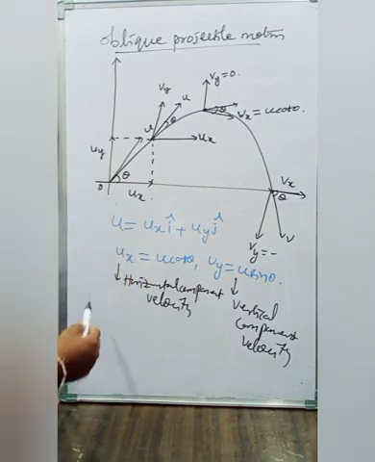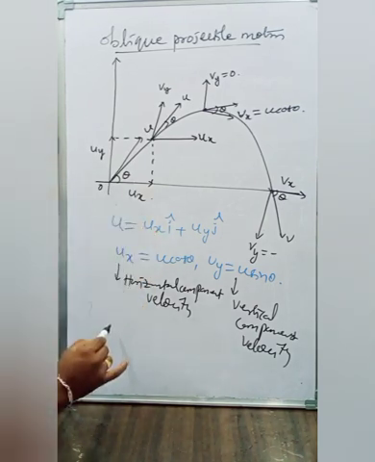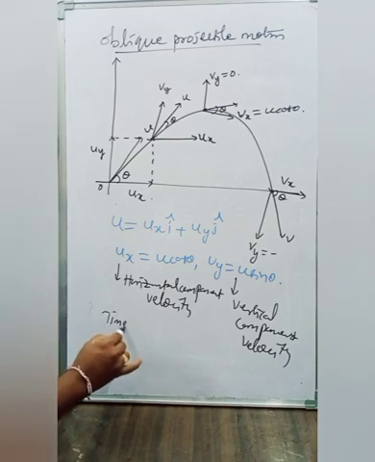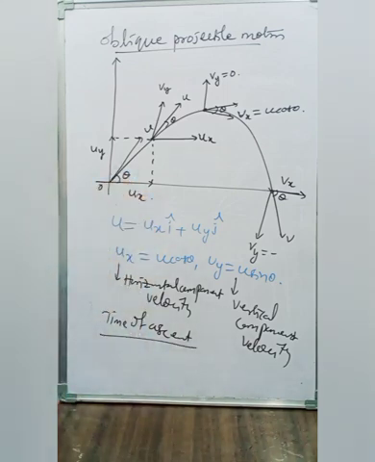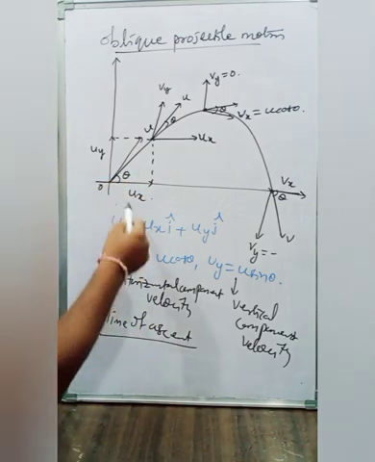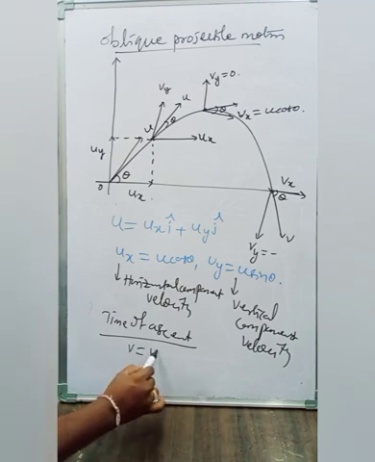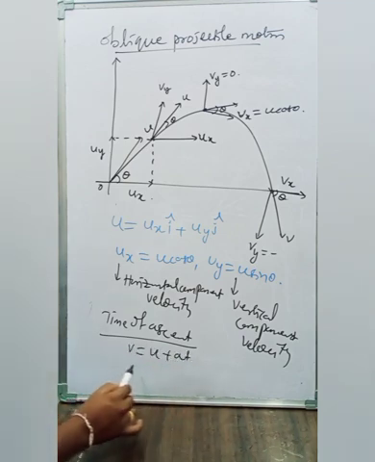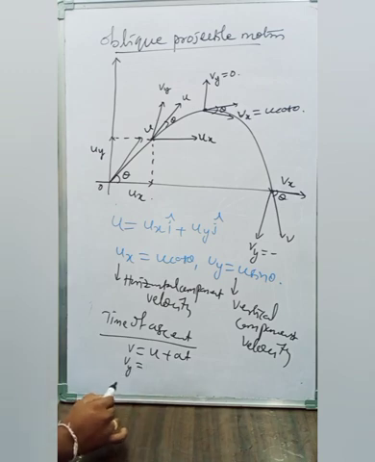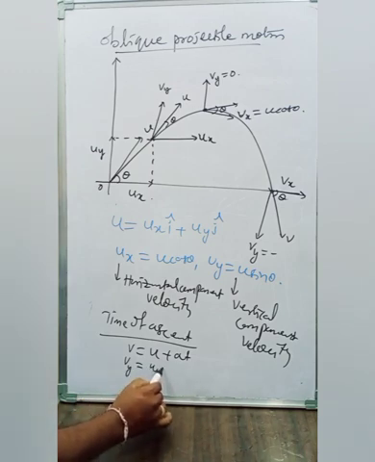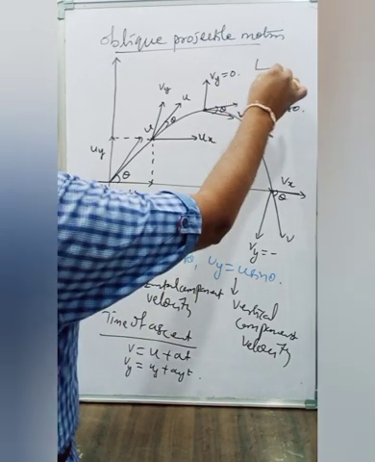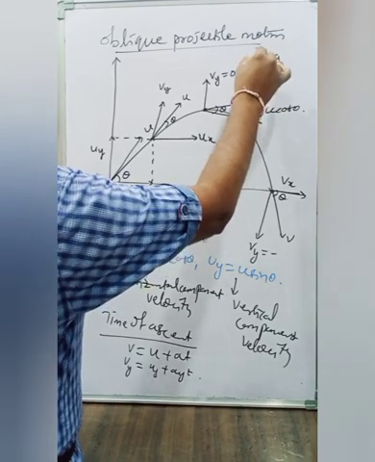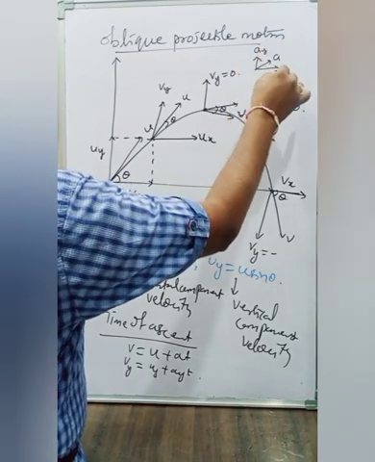Now I am giving the time of ascent of the projectile. Here we know that v is equal to u plus at. The above equation we can write as Vy is equal to Uy plus Ay t. Throughout the motion, the acceleration is resolved into two components, Ay and Ax.